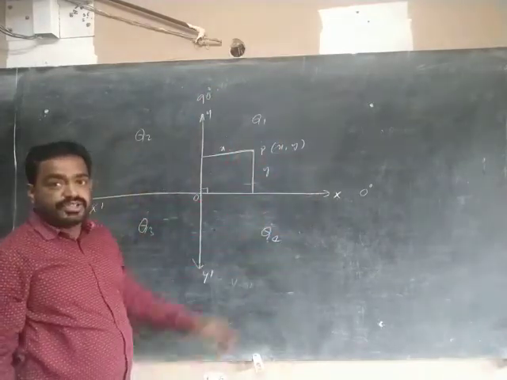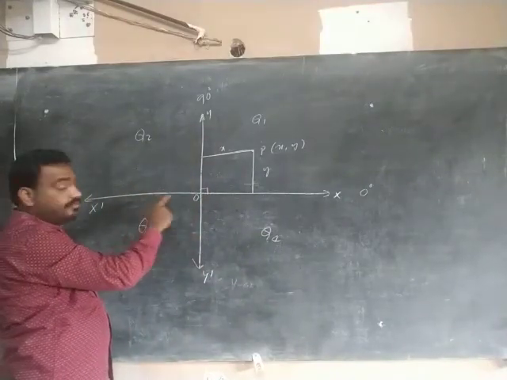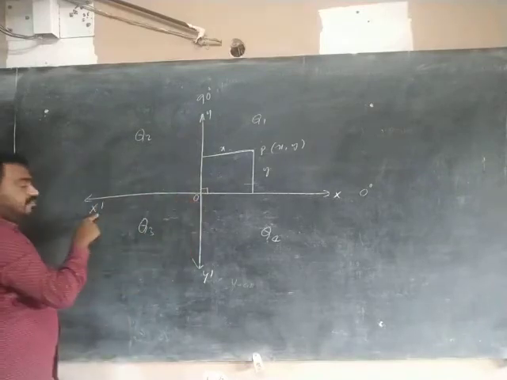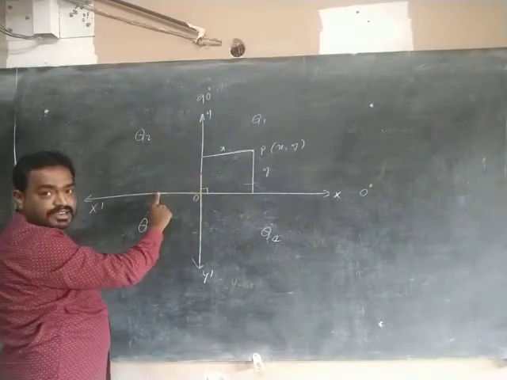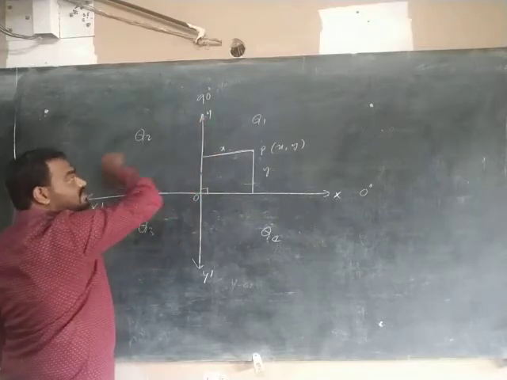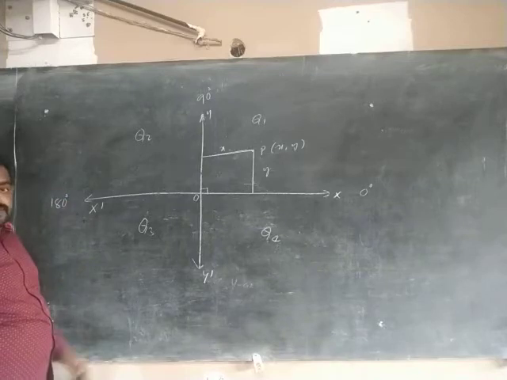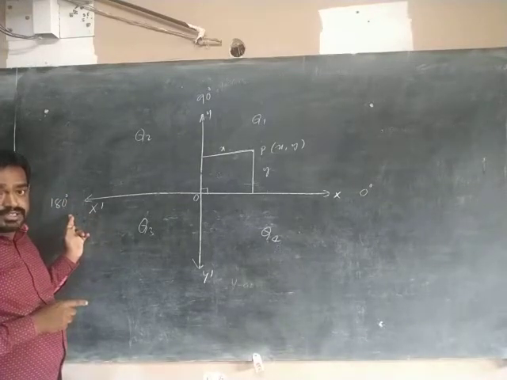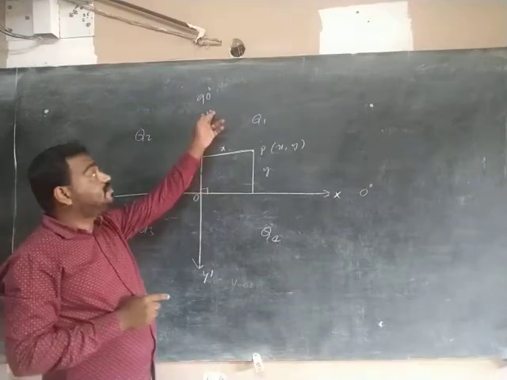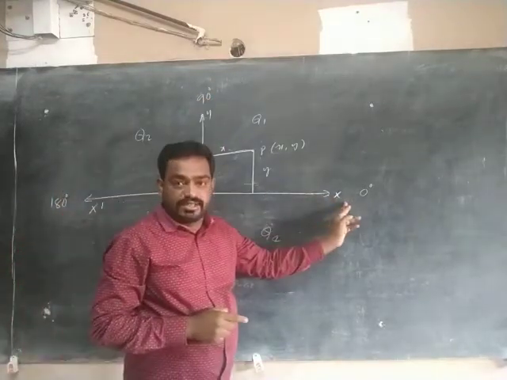Next, these two also make 90 degrees, the positive y-axis and the negative y-axis. So from here to here the angle is again 90 degrees. Here 90 plus 90 is 180 degrees. 180 degrees is on the negative x-axis. On the positive y-axis it is 90 degrees. On the positive x-axis it is 0 degrees.